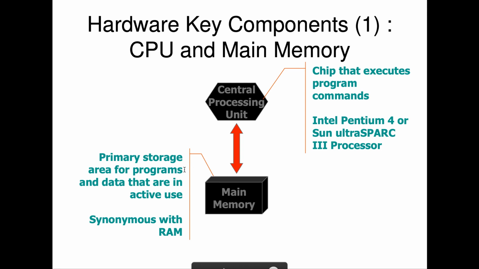Again, the main memory has multiple types of memory. It has something like a register, which is really fast memory, but its capacity is super tiny. Then it has something a little bit bigger but a little bit slower, called cache.